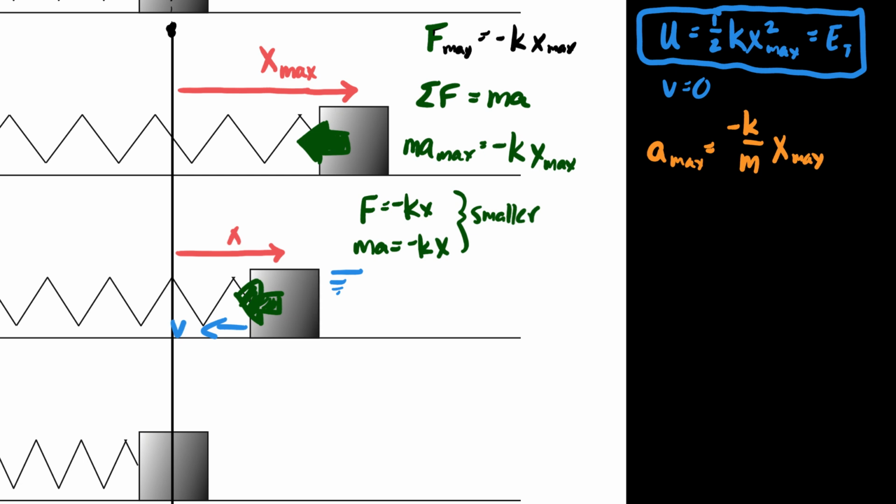But more importantly, we now have kinetic energy equal to 1/2 mv squared. The potential energy is less than it was. The potential energy is now 1/2 kx squared, but x is less than it was.